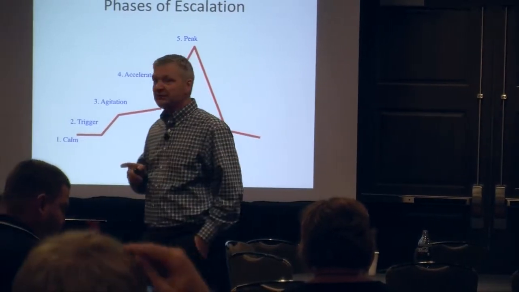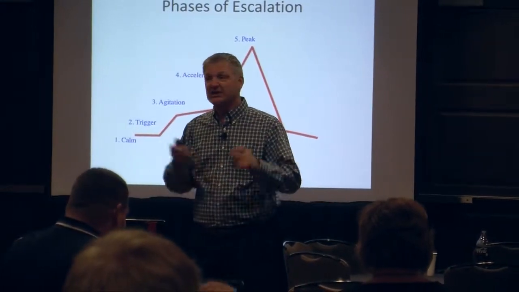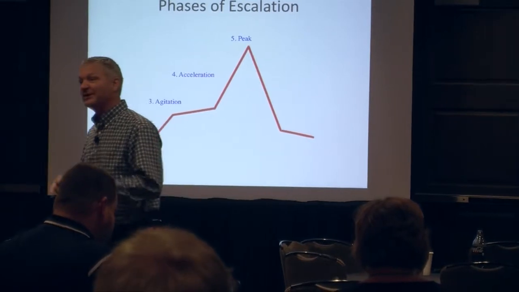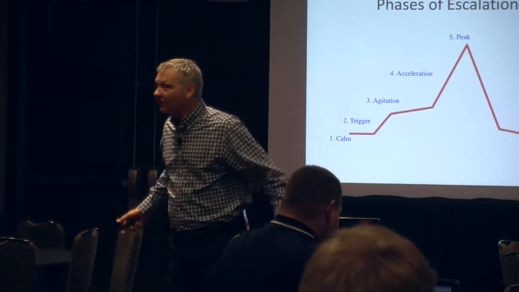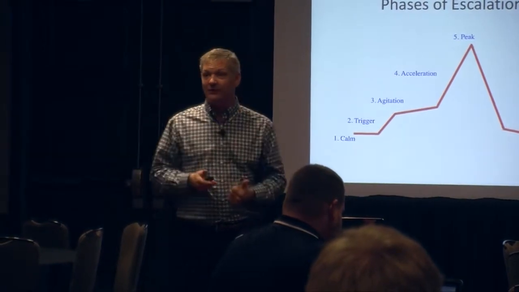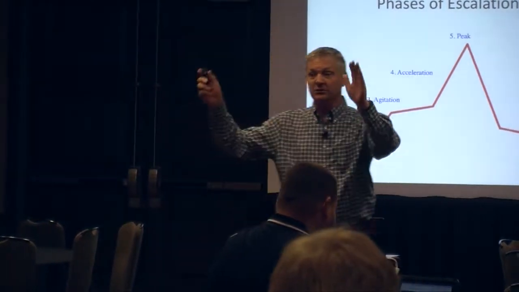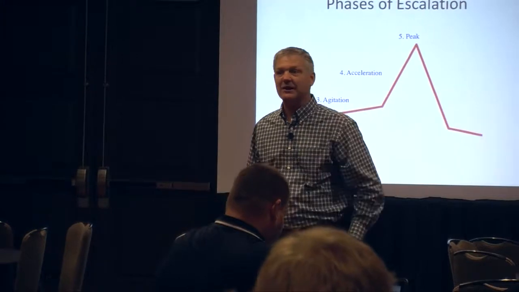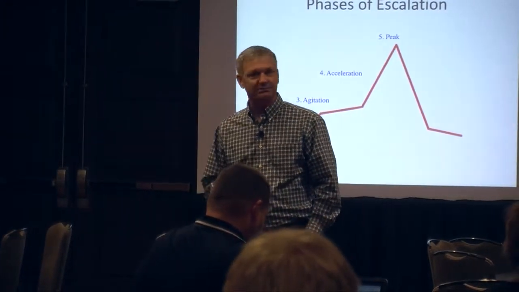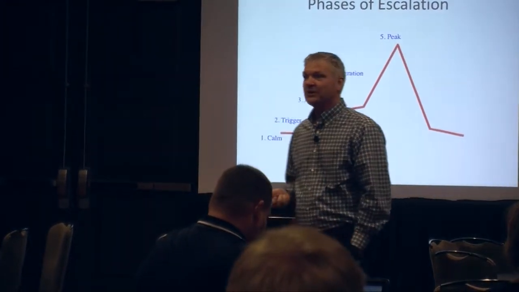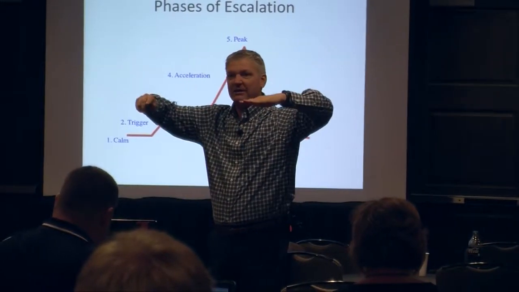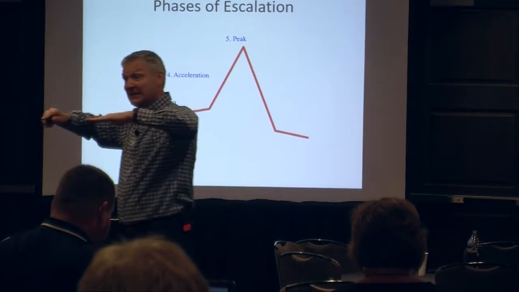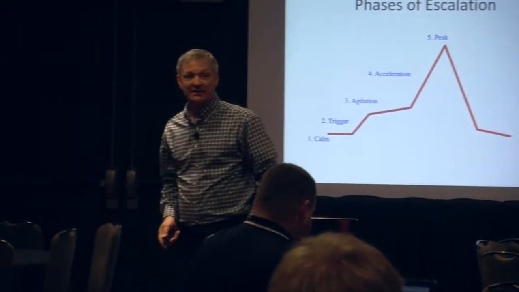At acceleration and peak, our strategies change from distraction and redirection to safety. Once you start really firing up that big tantrum, we're now just trying to keep it down. It's not about, here's your consequence, that's going to make it worse. Once they start going up, our only thought is keeping a lid on it. Once that lid hits, they're going to come back down.